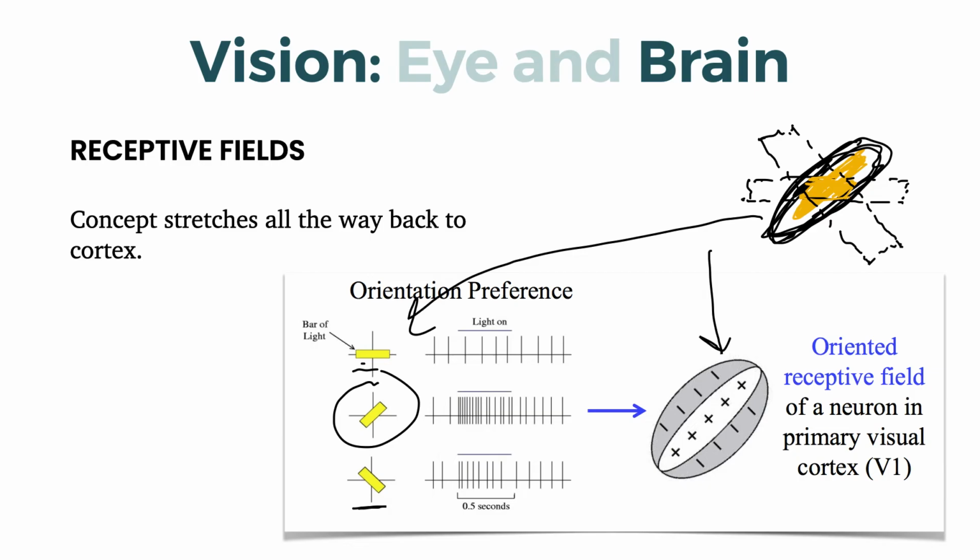And now you can't see it because my drawing sucks, but you get a larger area of activation that way. Okay, so that's why you're going to get some response here. You're going to get not really a lot of response here. You're going to get major response here because cells in the visual cortex also have preferences and their receptive fields have preferences.